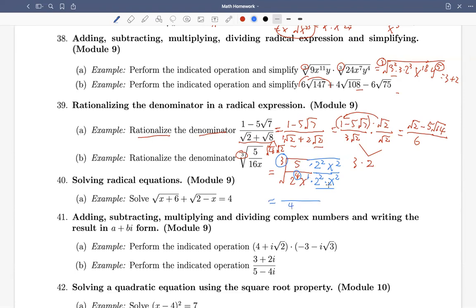And we have x raised to 1, x raised to 2, that's x raised to 3. With the index 3, we just have x. Well, the numerator, we'll have a cubic root of 5 times 4, 20, 20x squared. And that's it. So the denominator is rationalized. The denominator is 4x now. It doesn't have a radical sign anymore. Okay, I'm going to take a break.